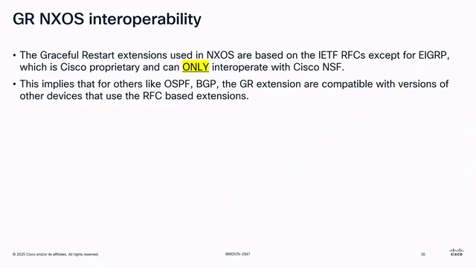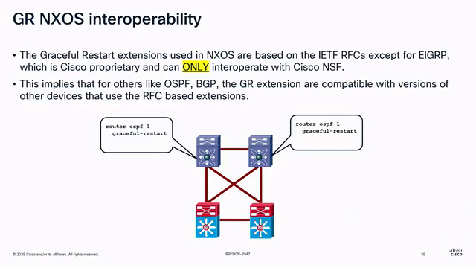Now, what does that mean? Like I said, the only other protocol is EIGRP. It means that when I'm talking to other devices in the network, as long as they're supporting the IETF implementation, Nexus devices can talk to them and they can restore state and get state from there, no problems. If you are talking about devices that are not capable, like Catalyst devices configured in the Cisco proprietary mode, then I can't actually talk to that device.